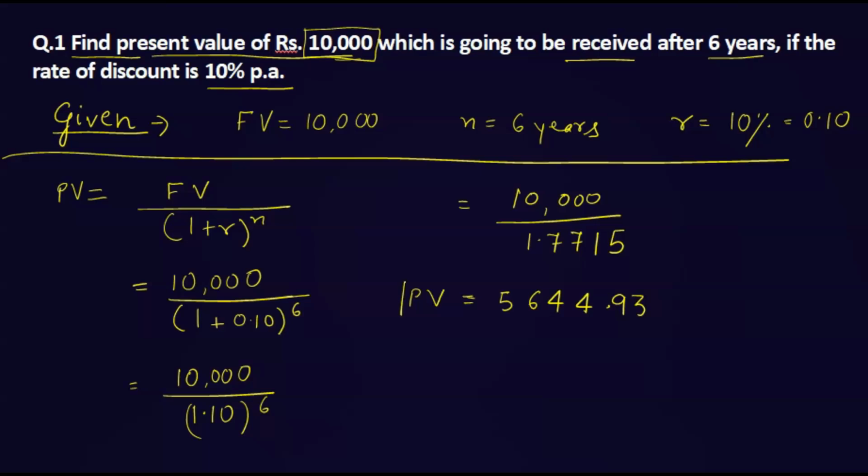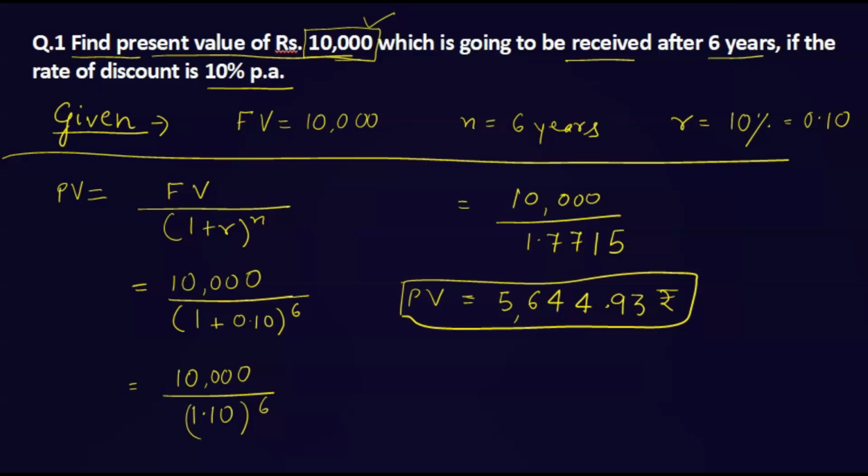That is the present value. So after 6 years we are going to receive 10,000 rupees, and its present value, today's value, is 5,644.93 rupees. This is how we can find the present value.